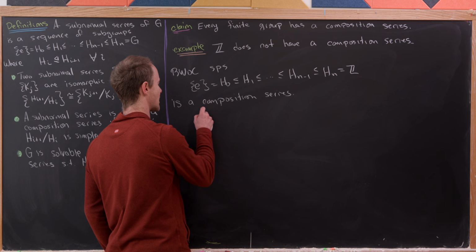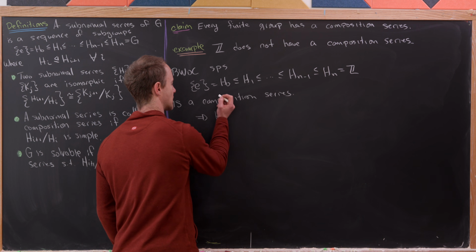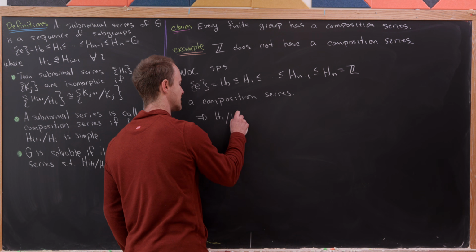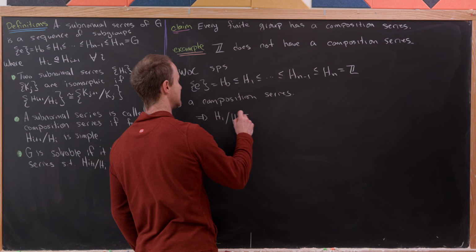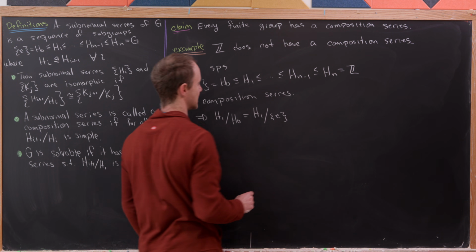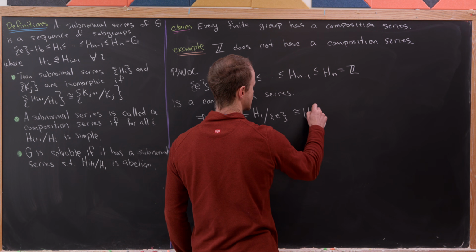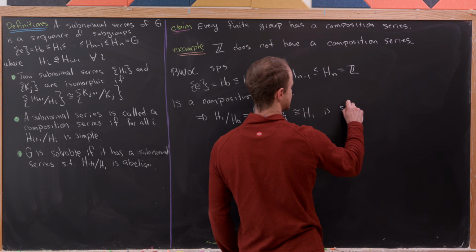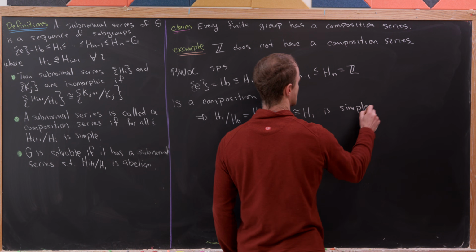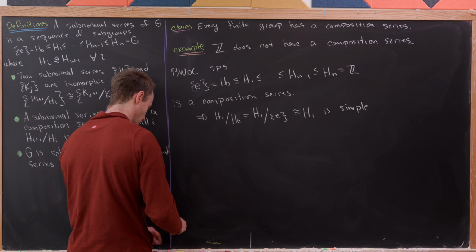But since we have a composition series, that means that H_1 mod H_0, which is simply equal to H_1 mod the identity subgroup, which is really just isomorphic to H_1, is simple.